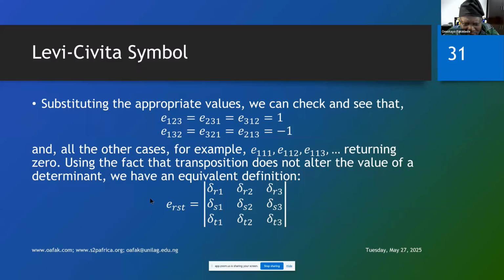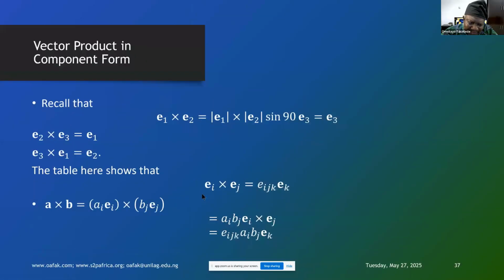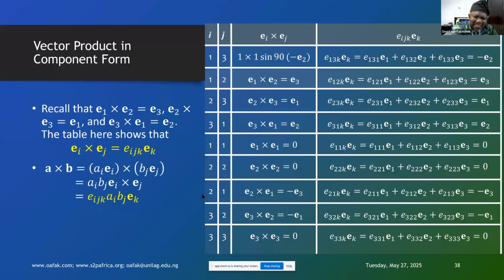You use the value of E1, 2, 3, 3, 2, 1, and all the other values, and put it there. It may look messy, but you will see that those 27 expressions end up giving you your cross product expression correctly, because most of them will be zero.